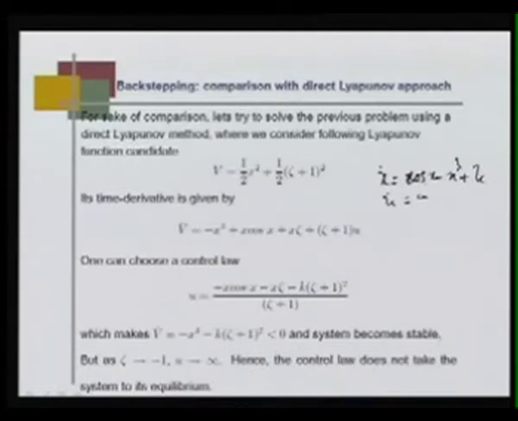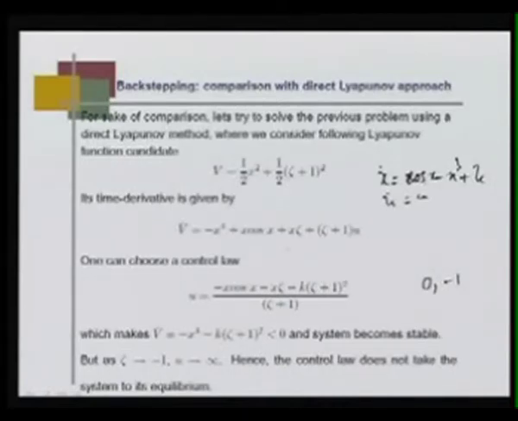But as xi tends to minus 1, because we are stabilizing around the equilibrium point 0, minus 1, you can easily see u becomes infinite. So the system is not stable.